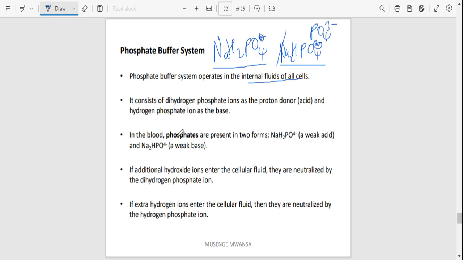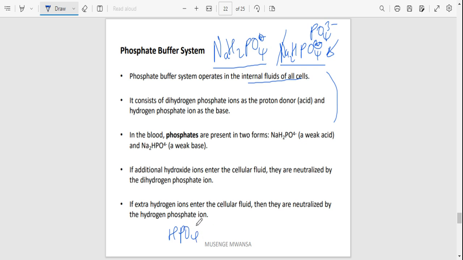So these are also going to be able to prevent any change in pH. So when we add an acid, what is going to happen? If I add an acid, it is the basic component of this buffer that is supposed to react. And the basic component has got a hydrogen less than the acidic, meaning that this is the basic one. This one is able to react, so I'm going to have this HPO4.